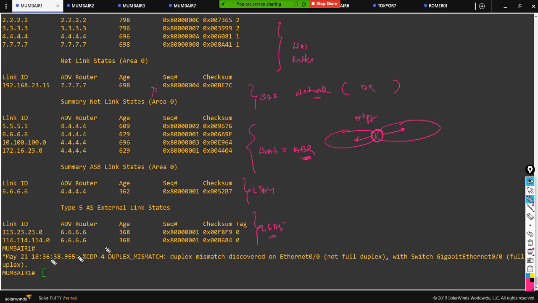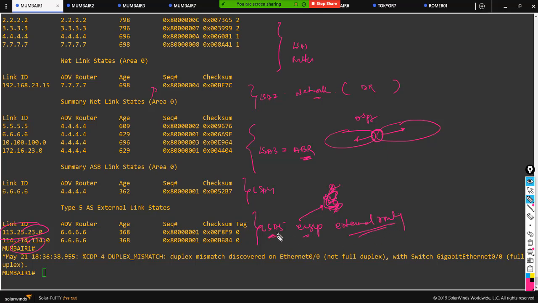What is LSA5? What are these networks? These are the EIGRP networks, which is also called an external routing protocol in this scenario. This can be anything. Don't take it as always EIGRP. It could be BGP, it could be RIP, it could be any other thing, a static also. But in my example, I'm considering EIGRP. Now these are called external routes.